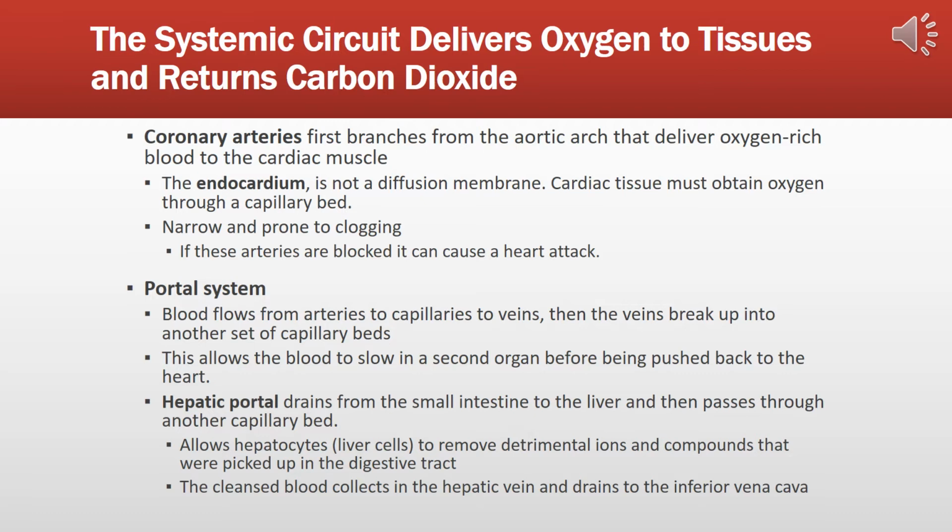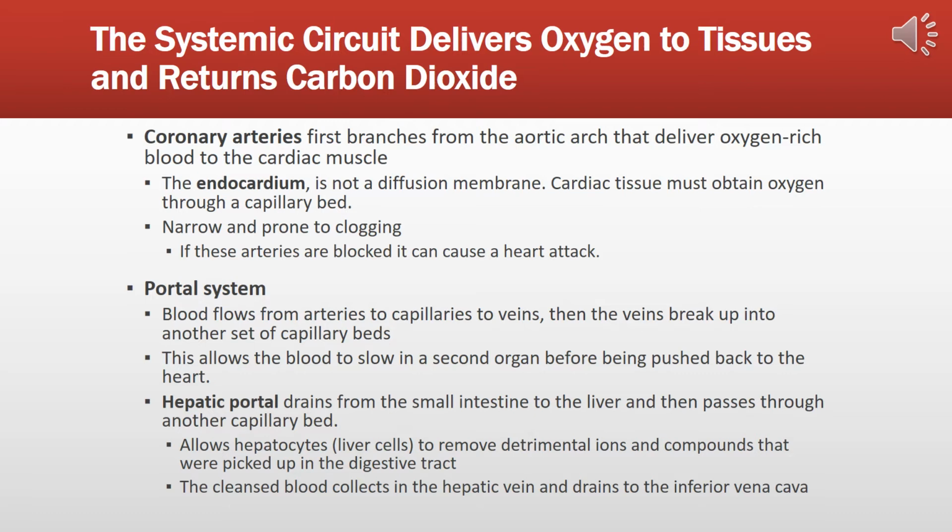One of the major portals in the body is the hepatic portal, which drains blood from the small intestine to the liver, and then the blood passes through another capillary bed. This is what allows the hepatocytes, or liver cells, to remove detrimental ions, compounds, and other wastes that are picked up in the digestive tract.